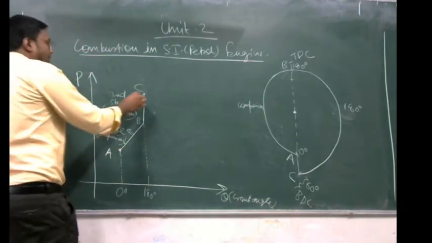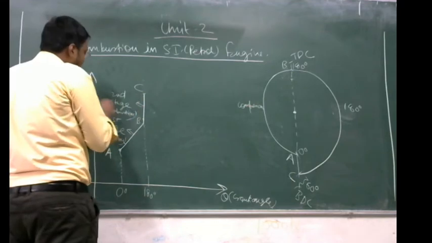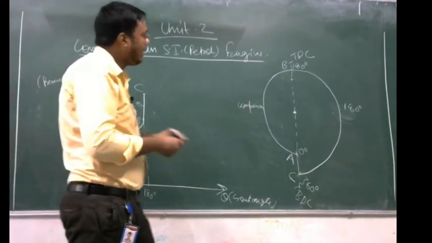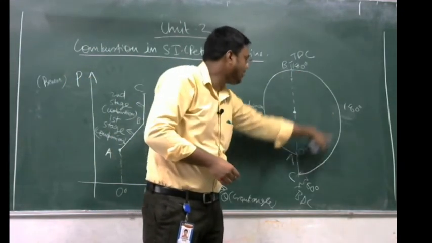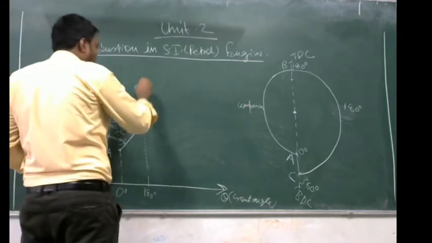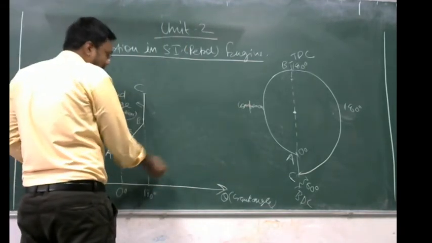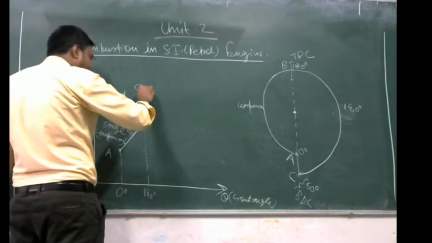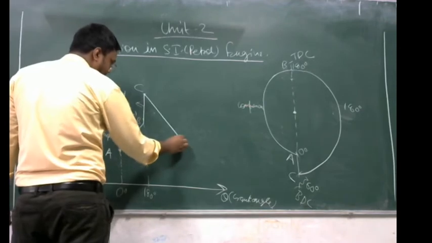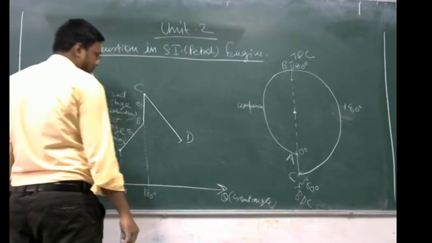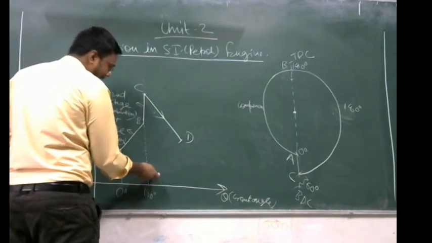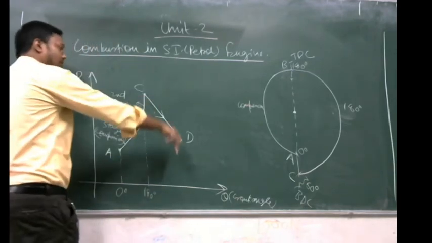So here we have to move from C so that pressure will decrease. During the expansion stroke the crank is rotating, so the crank angle will increase but the pressure will decrease. So we have to draw a downward line like this. This is point D. From C to D the crank angle is increasing but the pressure is decreasing.